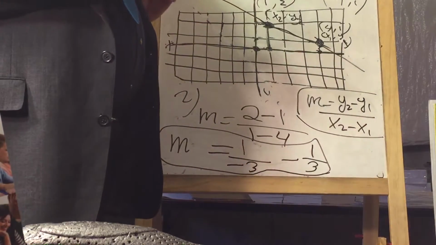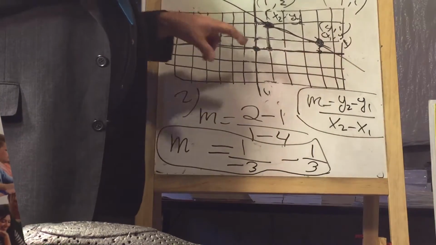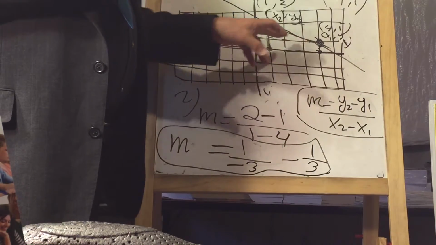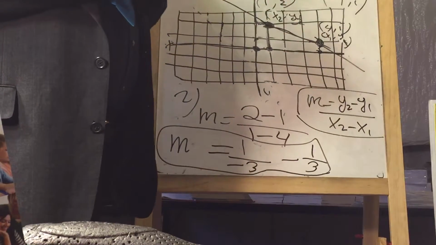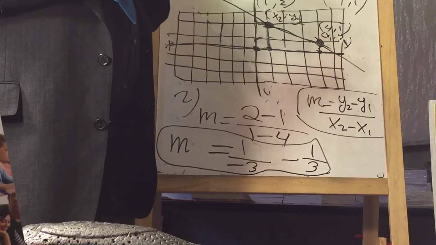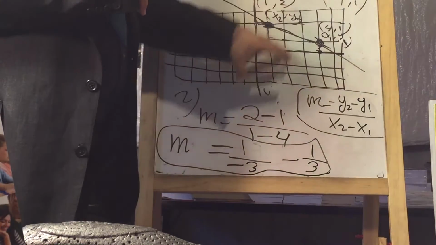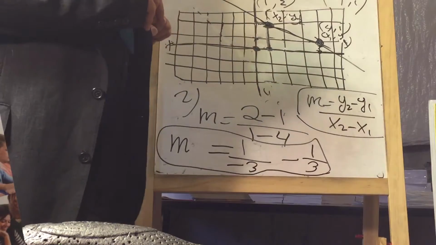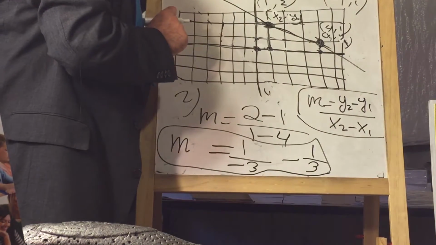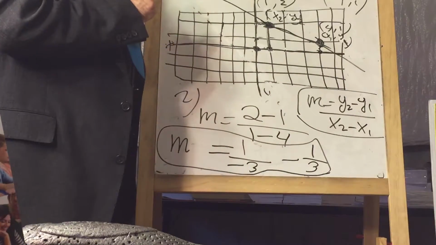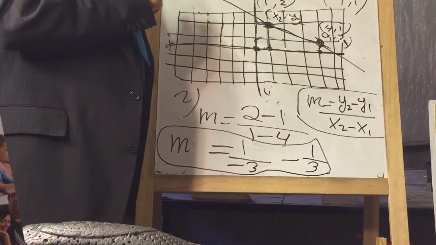Again, here is a summary of all of this. You see where those points meet, you figure out x1, x2, y1, y2, and then you have the formula. You plug in the values, and then you get the slope m.